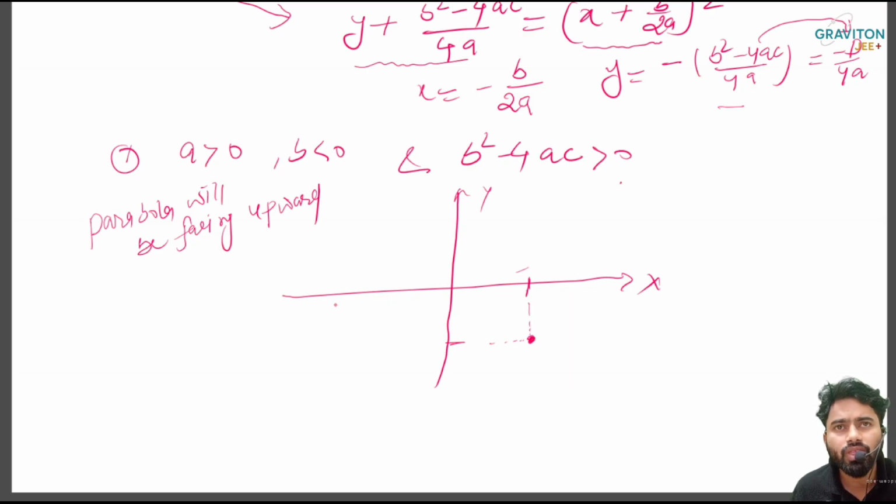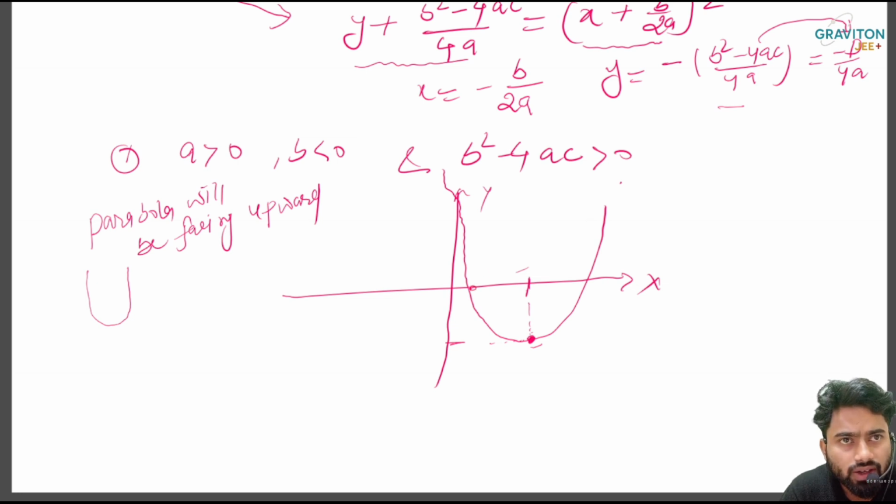Now here the sign of a is positive, that means the parabola is facing upward. Now draw the parabola facing upward from here. You will have a structure like this. You saw that it cuts the x-axis at two points.